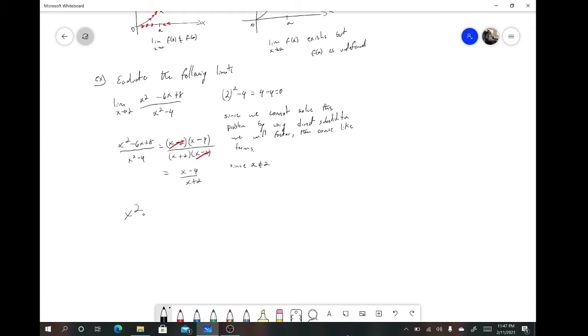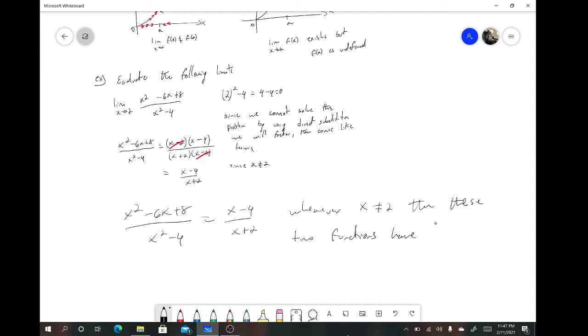Now, since x squared minus 6x plus 8 over x squared minus 4 is equal to x minus 4 over x plus 2, and this is whenever x is not equal to 2, then these two functions, and I will share this in GeoGebra, have the same limit.